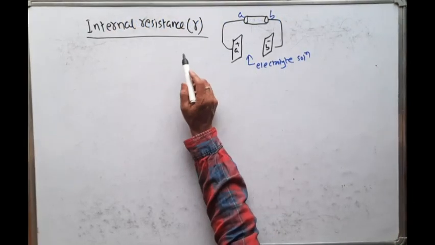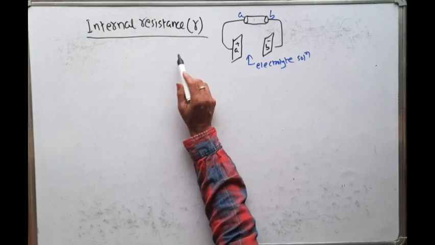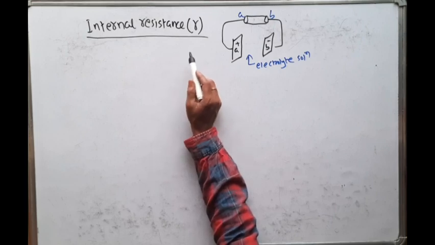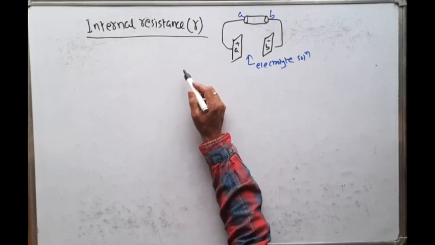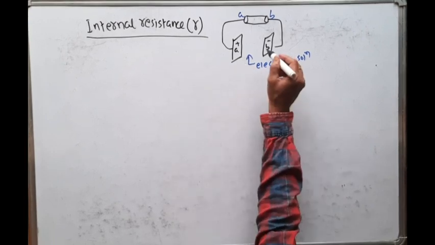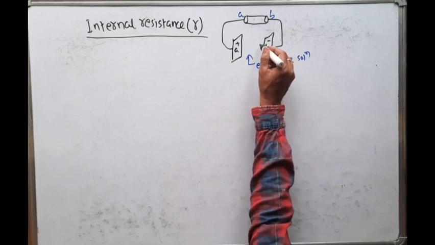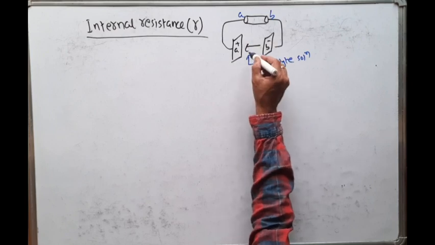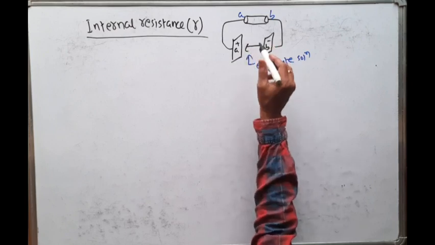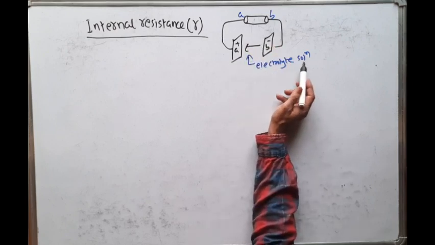You know, when current passes through any body, there is some opposition. If current passes through my body, it will also oppose. Similarly, when current flows from lower potential to higher potential inside the source, let us say inside the battery, in the battery there is electrolyte solution.